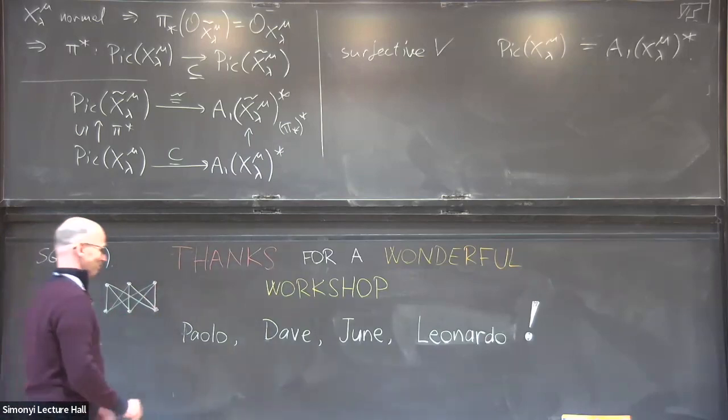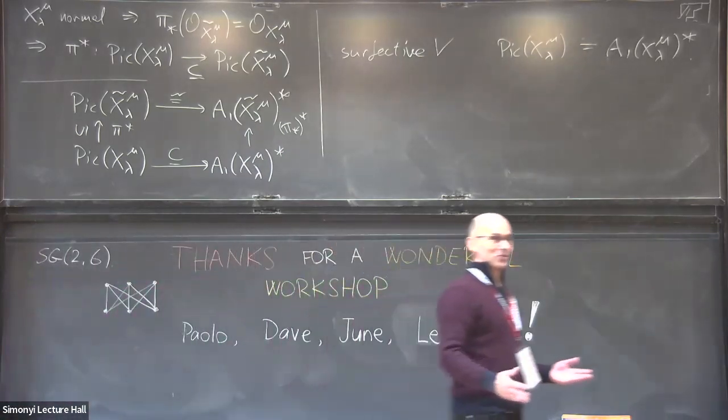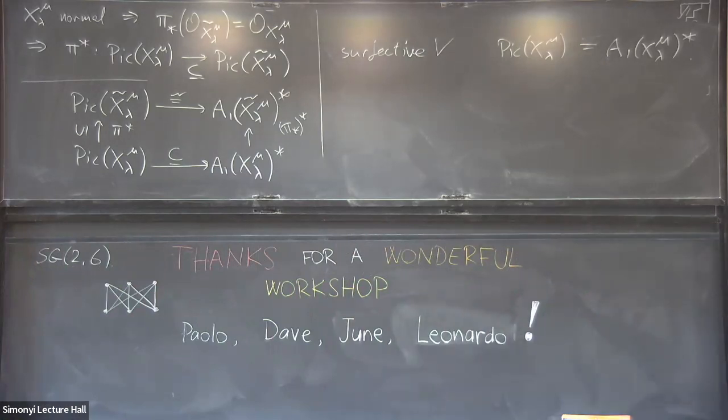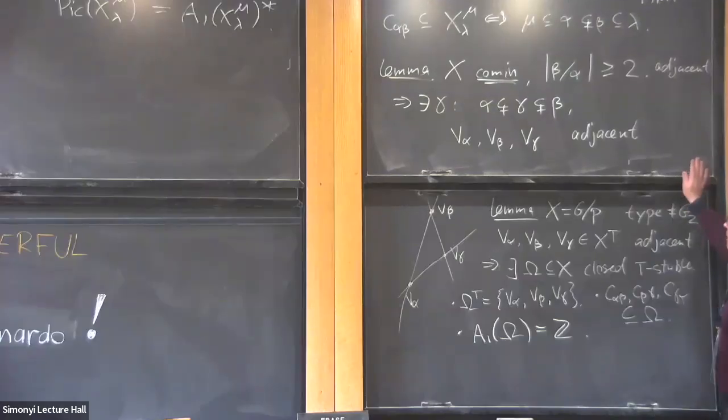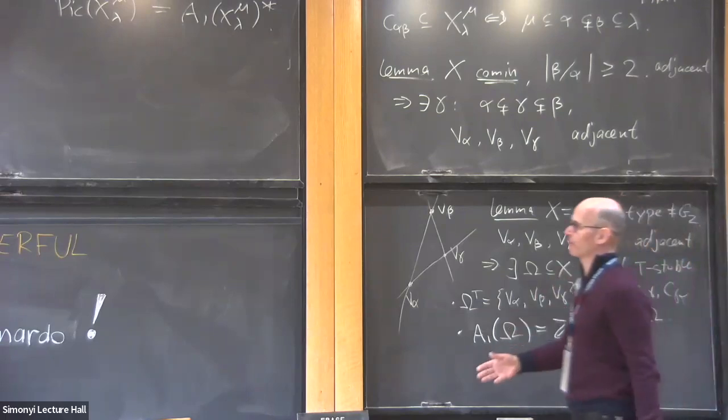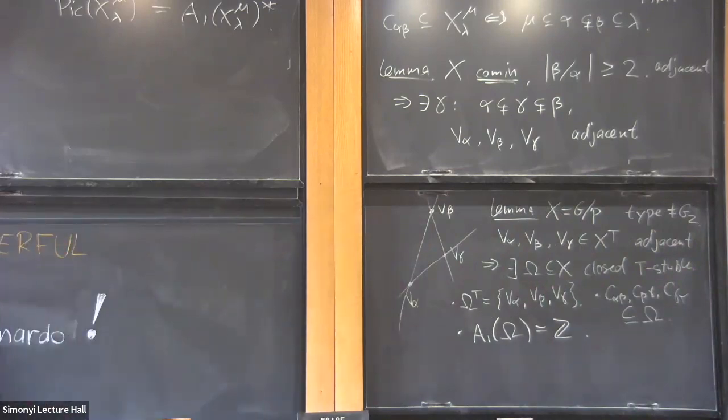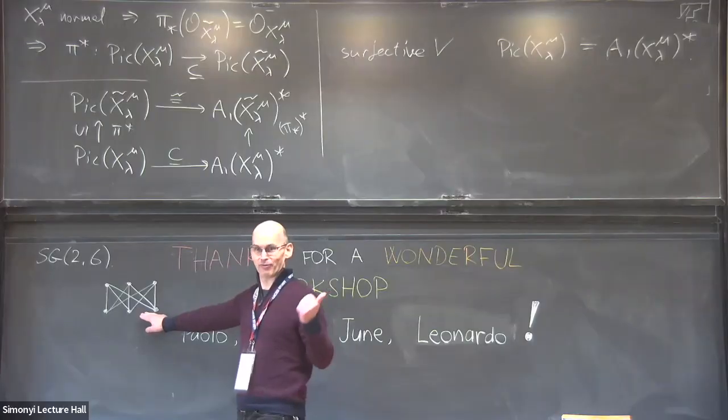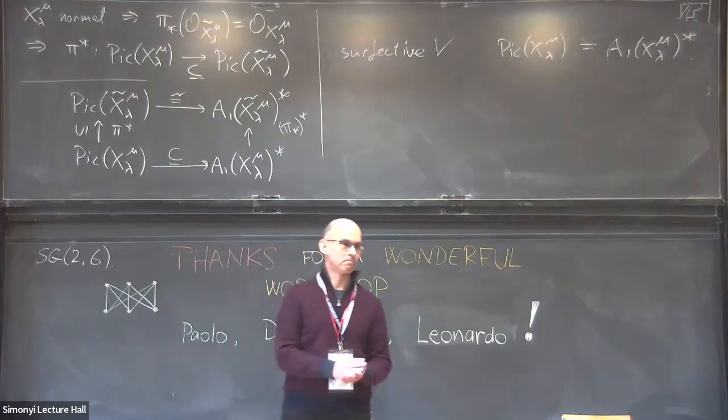What that means is that this lemma that's almost always true doesn't give you anything, because you don't have any triangles or T-stable lines in this Richardson variety. So you don't get any information from that lemma.